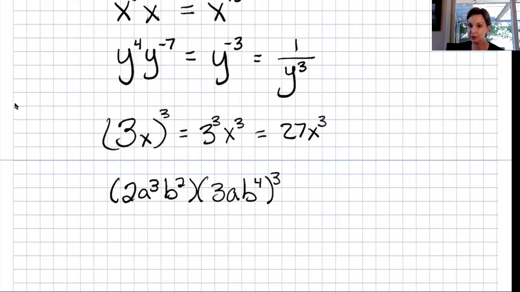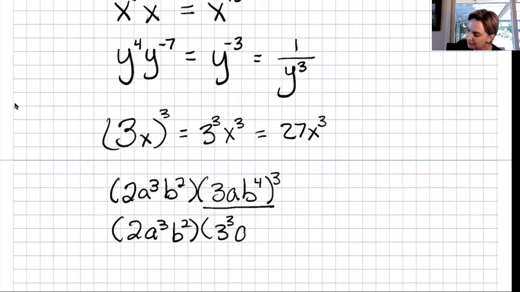For this one, the first thing you need to do is get rid of the parentheses on the second part of the problem. So there's that 3 to the third again. Let's simplify that second part. We're going to do 3 cubed, a cubed, and b, power of a power rule, 4 times 3.